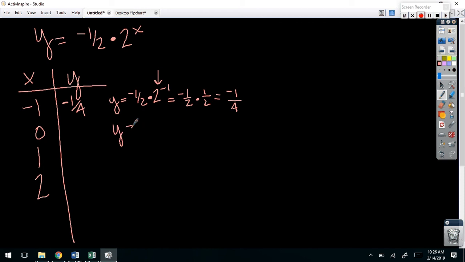Because now when I plug in 0, 2 to the 0 power is what? So I get -1/2 times 1. Plug in 1 and see what you get.